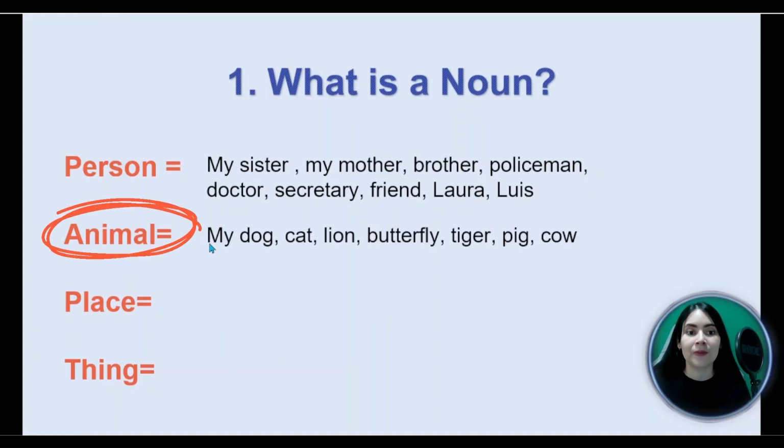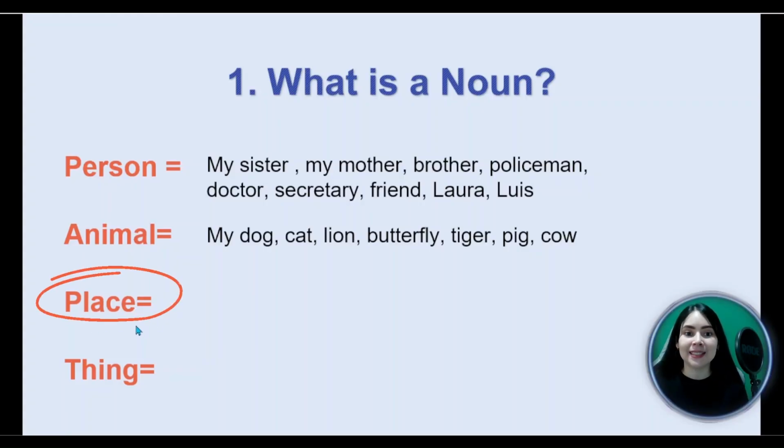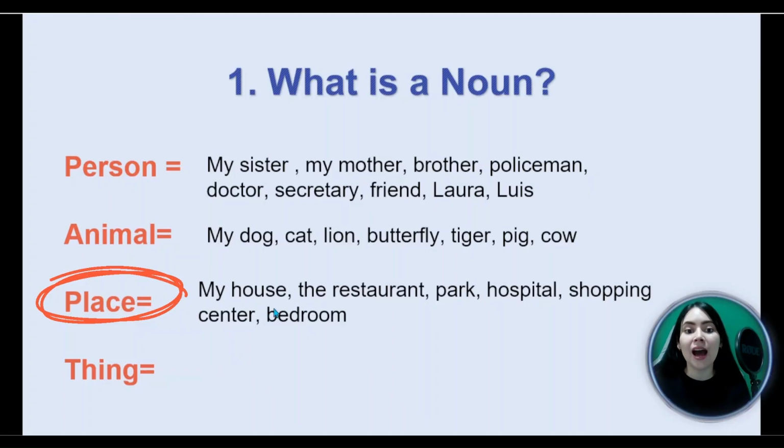Animals: my dog, cat, lion, butterfly, tiger, pig, cow. Place: my house, the restaurant, the park, hospital, shopping center, bedroom.